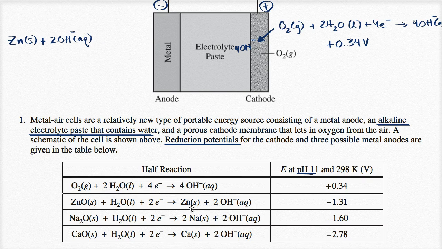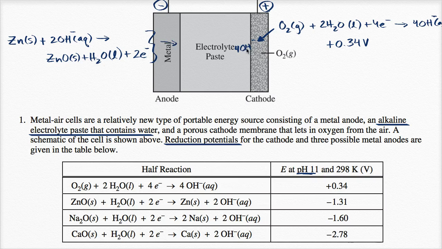And they're going to react, and you're going to form zinc oxide in the solid state plus water in the liquid state plus two electrons. And so this reaction that I just described, this is going to be happening right over here.